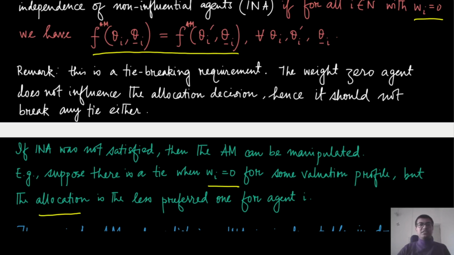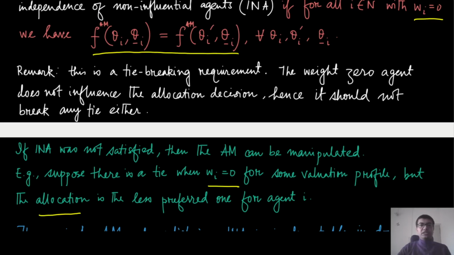Then this agent is definitely going to misreport, because he prefers A2 more, so he will flip the alternatives or misreport his valuation, and that will be the outcome. Even though it's a very delicate point, it is good to remember that we should not be doing this kind of tie breaking by looking at an agent whose weight is 0. That is precisely the point.